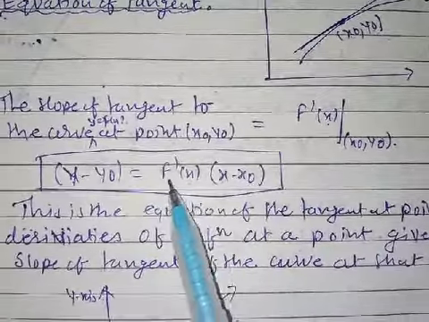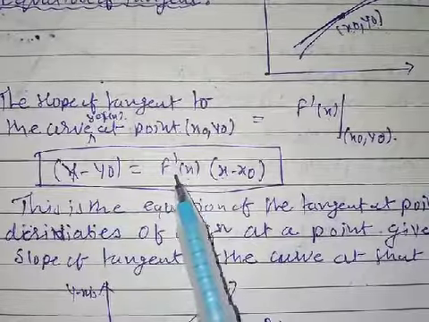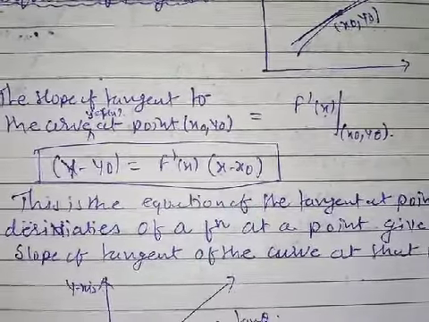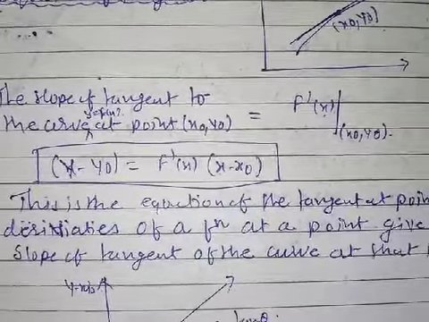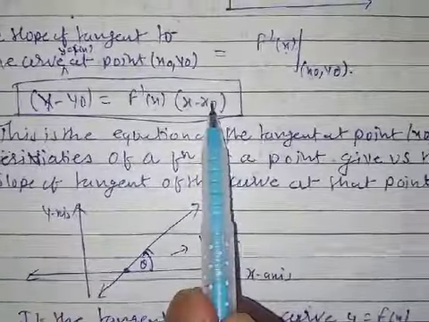And if you take the slope of a tangent, so y minus y0 is equal to f dash of x into x minus x0, which is the equation of the tangent at a point x0, y0. Suppose x0, y0 is 2, 3. So here we have to write 2, here we have to write 3.